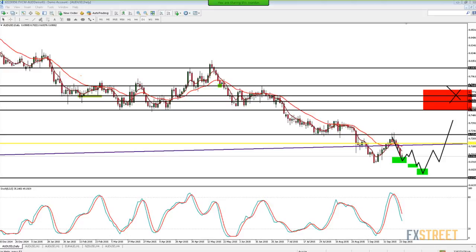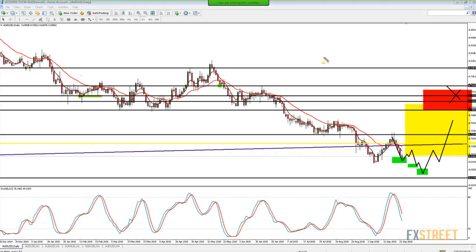All right, so here's a basic Aussie plan. Now the question then is, but David, what about this whole area here? That's a lot of trading going on there. Yes, it is.